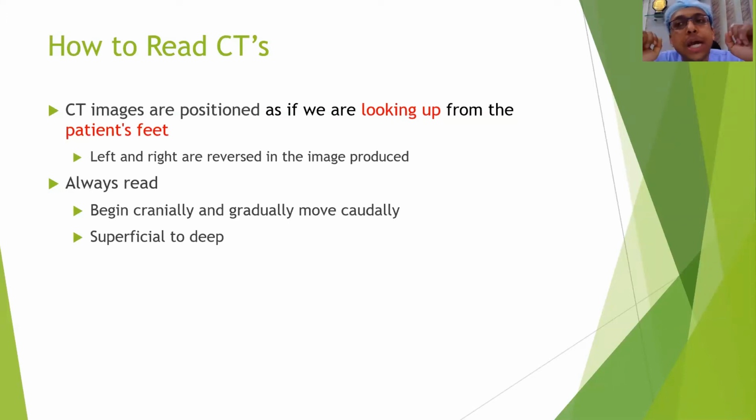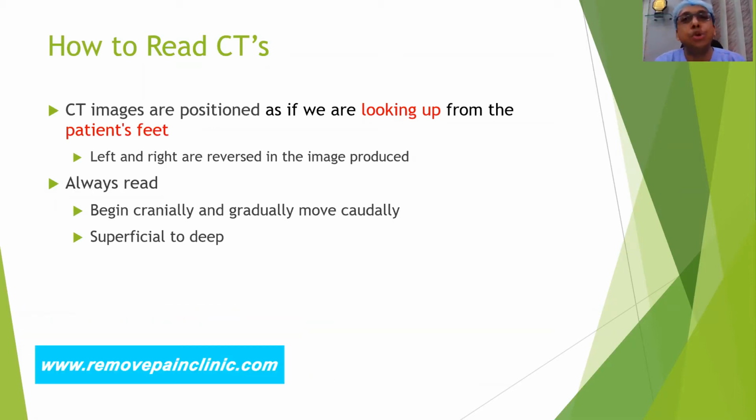Now, cranially to caudally is essentially the axial part of the scan. When we are talking about superficial to deep, it can be either the sagittal view or the coronal view. So from lateral to medial, or anterior to posterior, however you look at it.